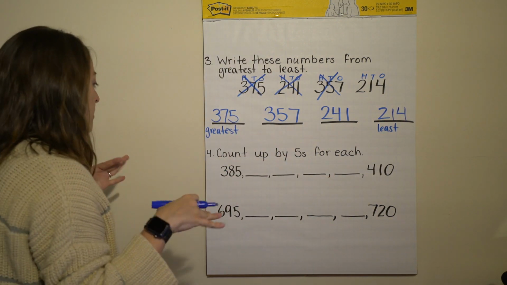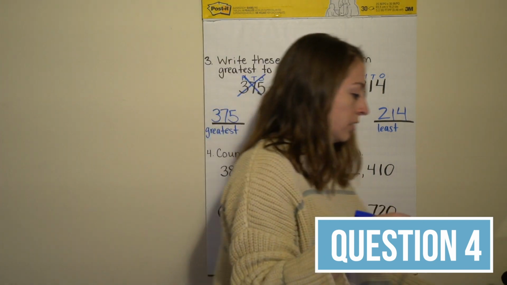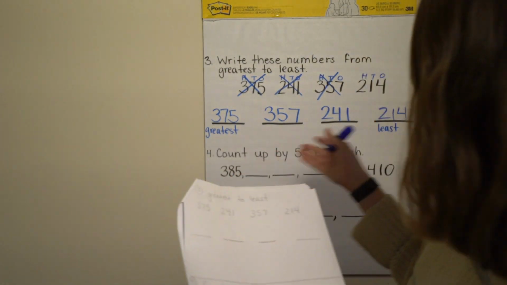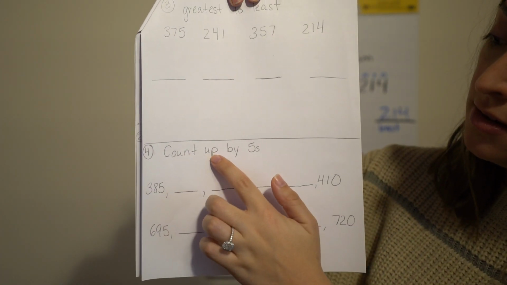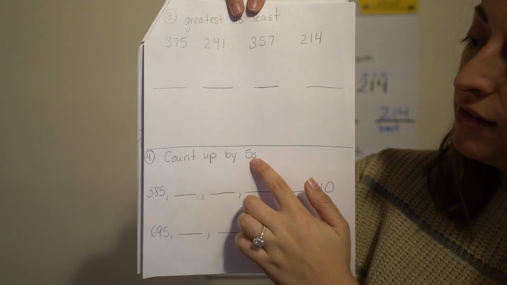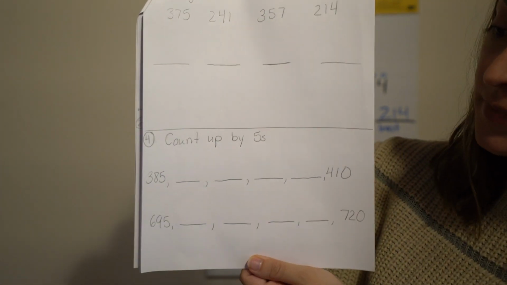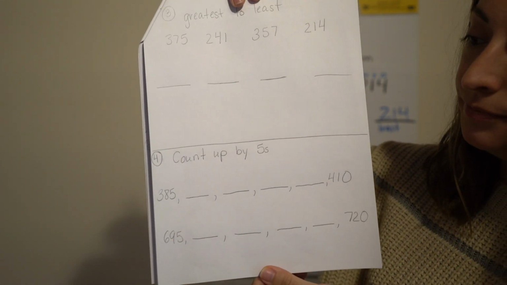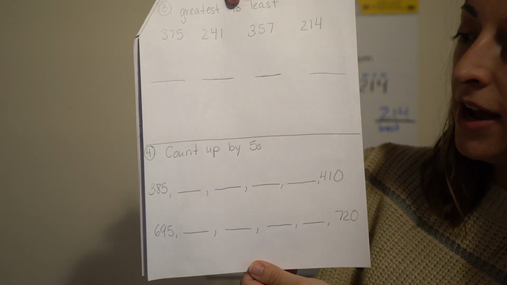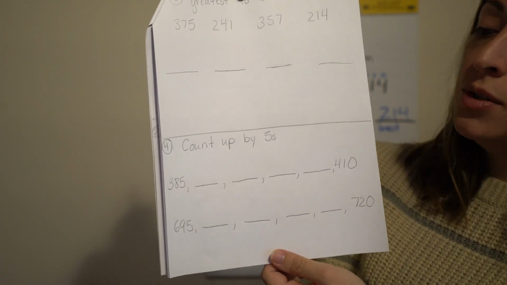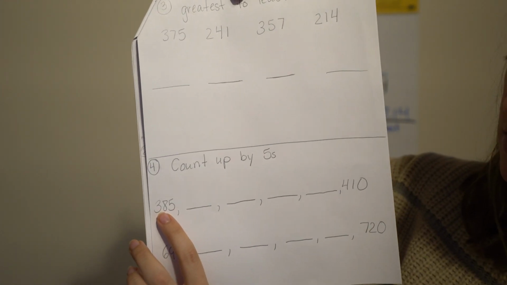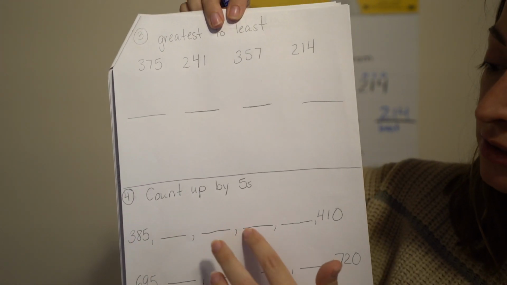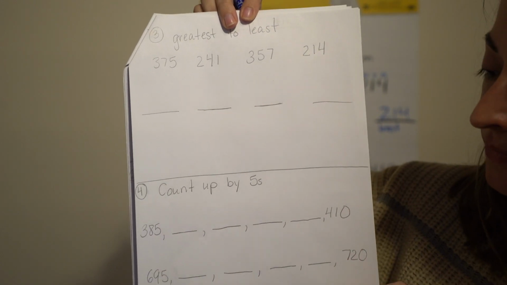Okay, let's go on to question number 4. So you're going to write most of the directions for this one because it's pretty easy. So at the top, you're going to write count up by fives. This is for number 4. Count up by fives. After you do that, you're going to write 385 with 4 blank lines.